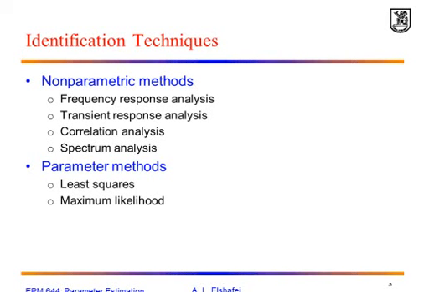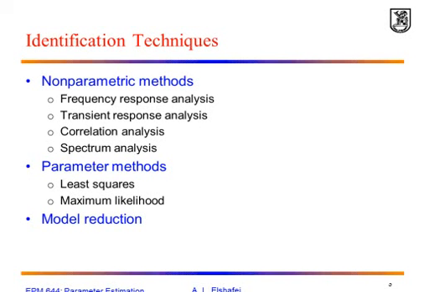In stochastic systems, we could use correlation analysis and spectrum analysis. The other main technique in system identification is the parametric methods, and that includes the least squares and maximum likelihood. Finally, an important topic in system identification is related to model reduction.